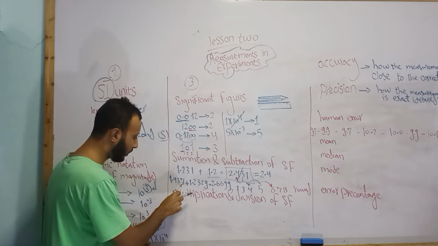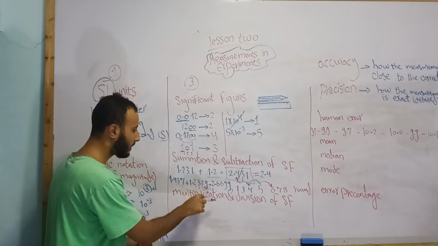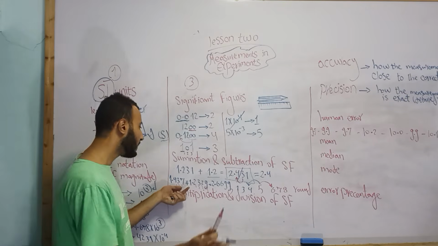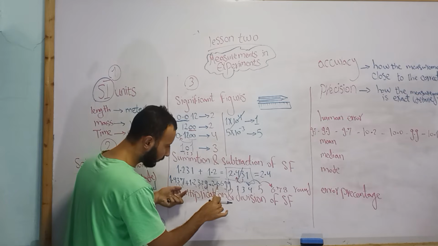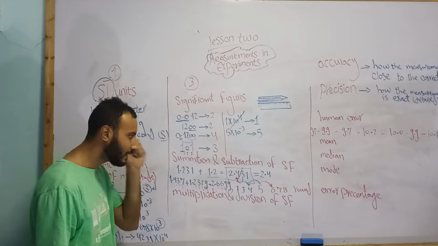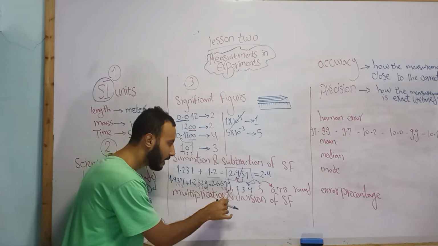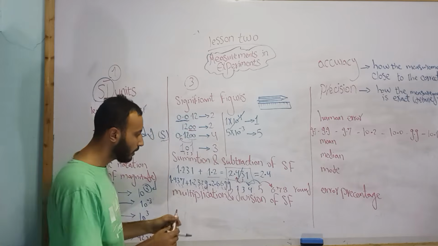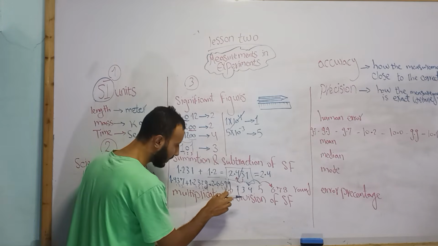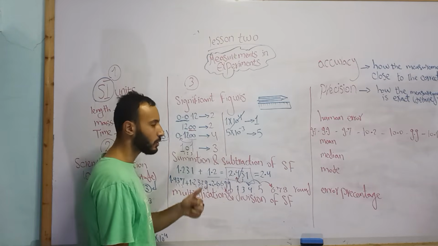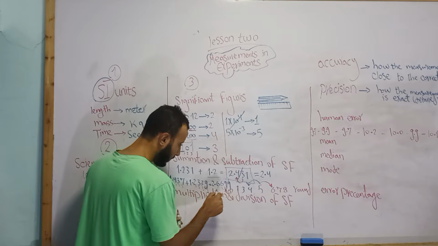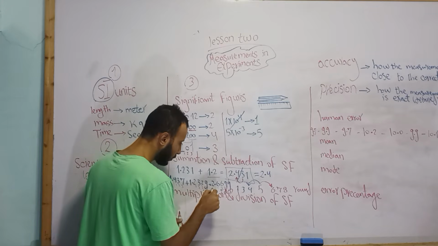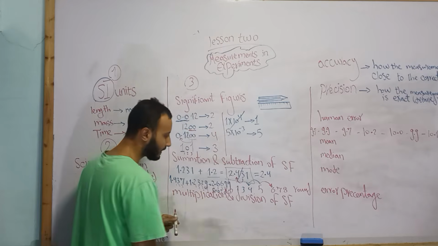This one has 3 decimals, and this one has 4 decimals. So the answer should have only 3 decimals. So we have to cut the answer after 3 decimals: 1, 2, 3. But keep in mind, the next digit can round because it's 9, and 9 is bigger than 5. So when this 9 rounds this one, it gives 1. 9 plus 1 is 10, so this one will be 0 and it gives the next column 1. And this one will be 7. So the final answer will be 2.670, like this.